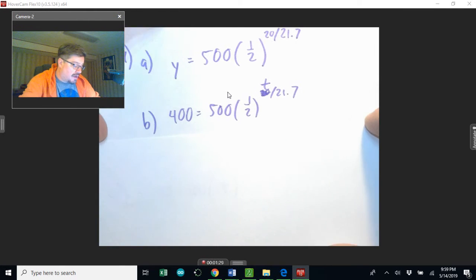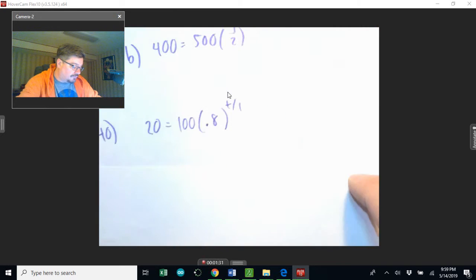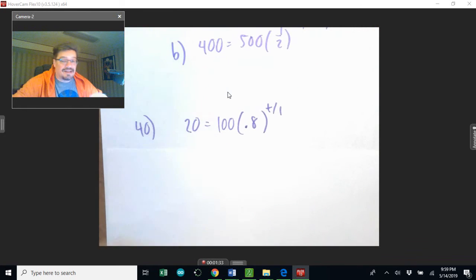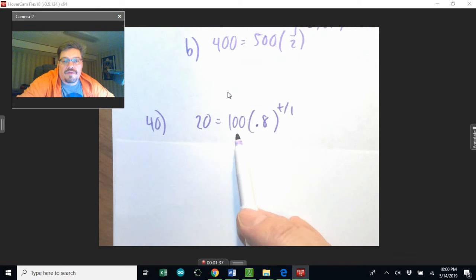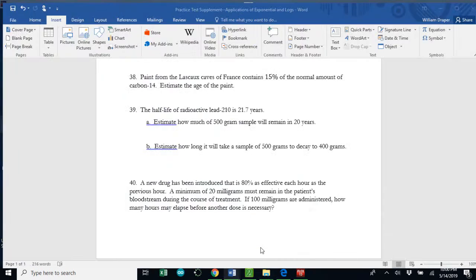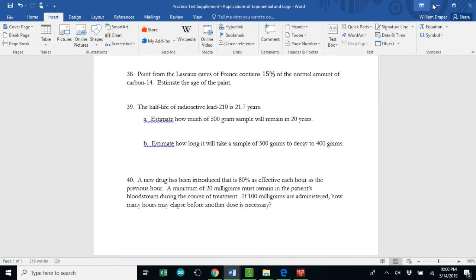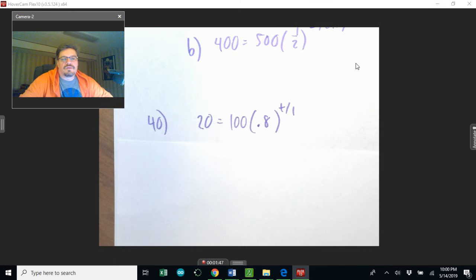Alright, 40 says, now this is a really good problem because you start off with 100 grams, is it grams? No, it's not grams, that's too much. Milligrams, 100 milligrams. Okay. So you start off with 100 milligrams, but it loses 20% each hour.